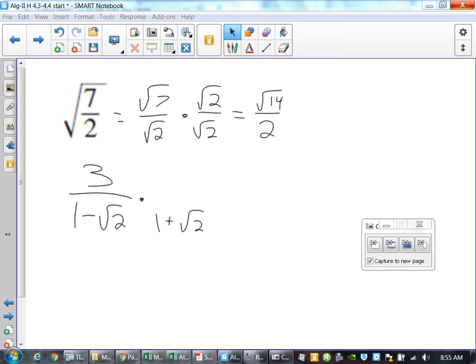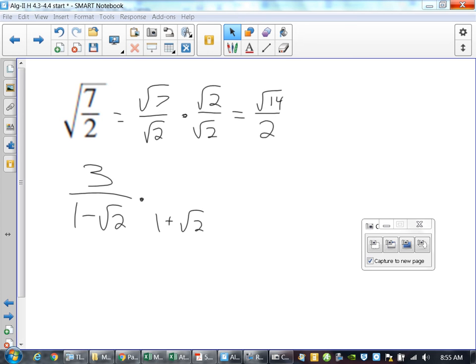Because whenever you have the same terms with opposite signs, let's say x minus 2 times x plus 2, when I FOIL that out, I get x squared minus 2x plus 2x minus 4. Doesn't the middle go away? So in this case, if I FOIL that out, wouldn't the radicals go away? That's what you're doing. You're getting rid of the radicals by multiplying by what's called a conjugate.